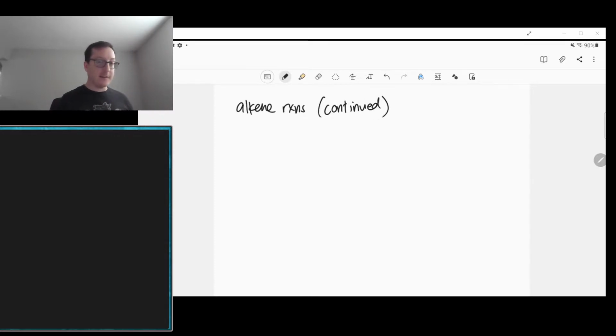kind of the last little bit here of our many reaction foray into alkenes, and that's going to be on oxidative cleavage. That last reaction.